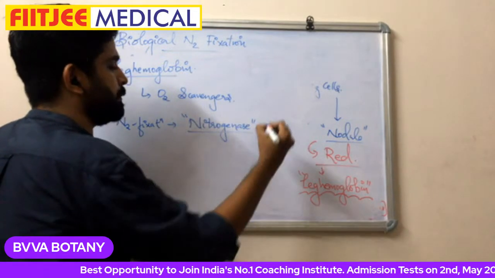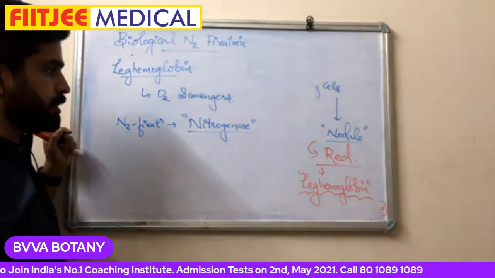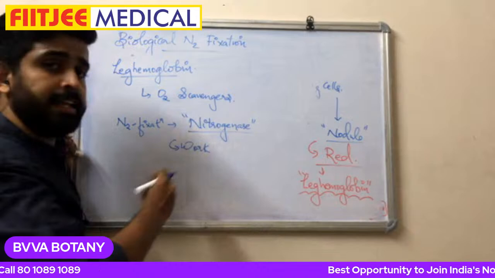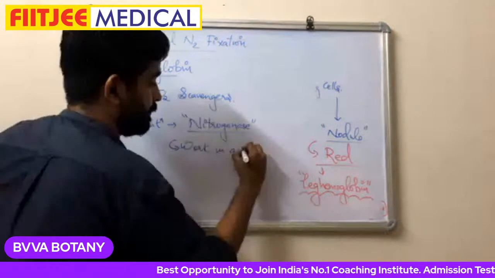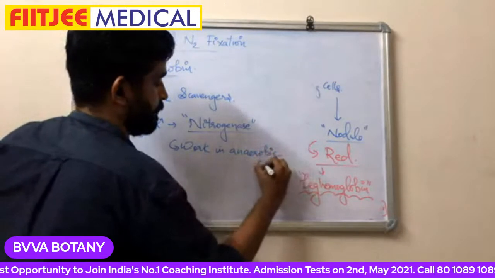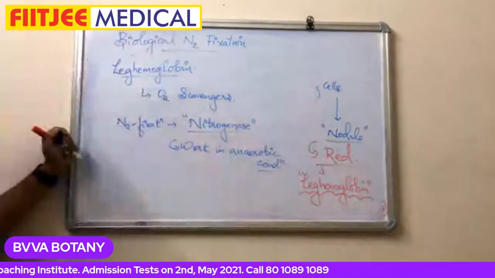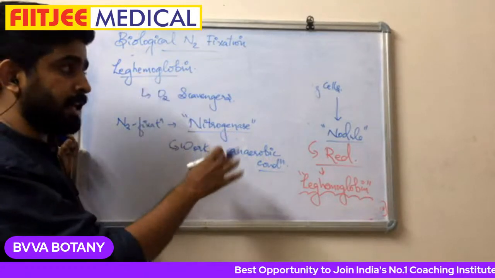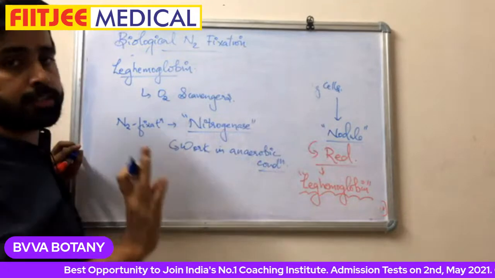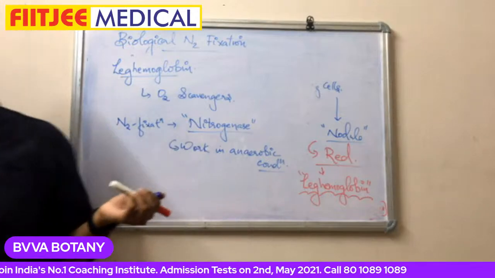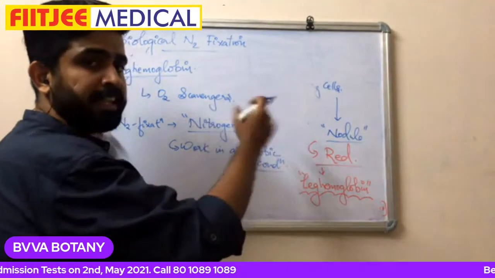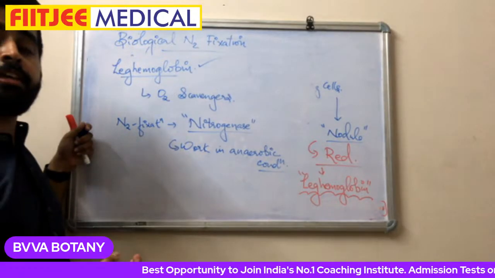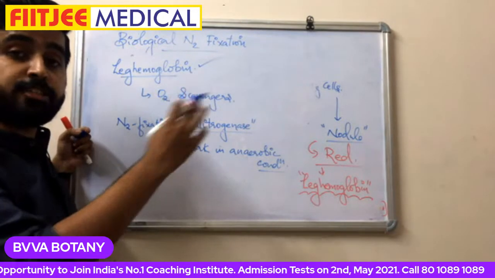And this nitrogenase is seen in the example we have taken. This nitrogenase enzyme will work only in anaerobic conditions, and will be inactive otherwise. Only if the nitrogenase enzyme is working can nitrogen fixation take place, which means that oxygen should not be present in the cells that are going to fix nitrogen. So in order to take away the oxygen, we have leghemoglobin, which will scavenge that oxygen so that the place is suitable for the nitrogenase enzyme's activity, which leads to nitrogen fixation.